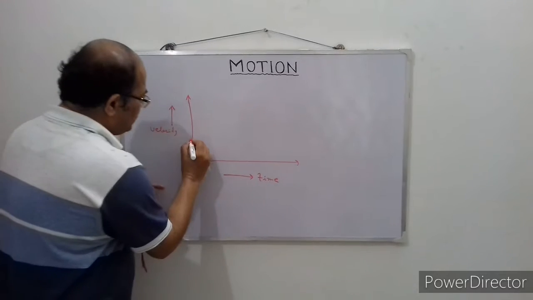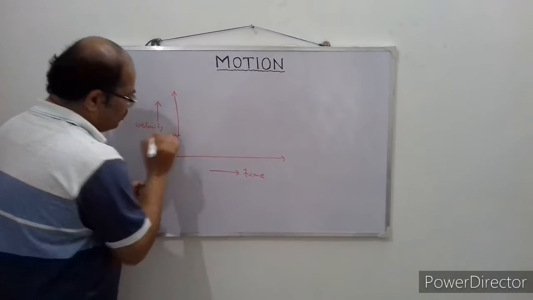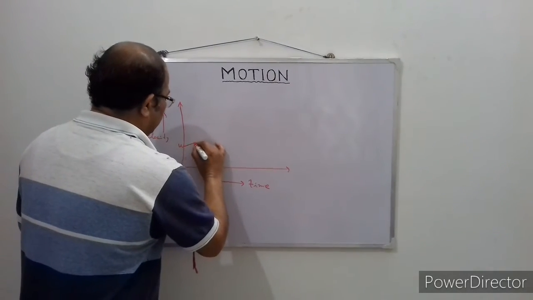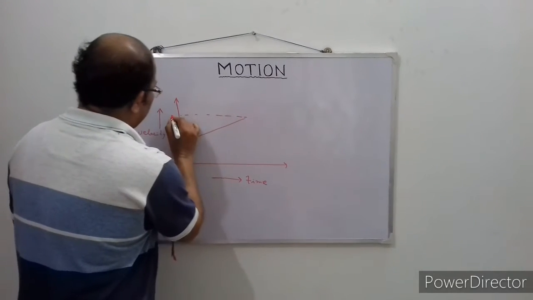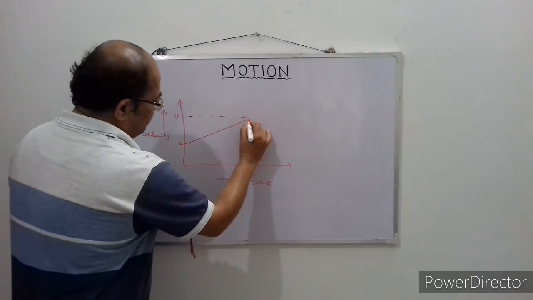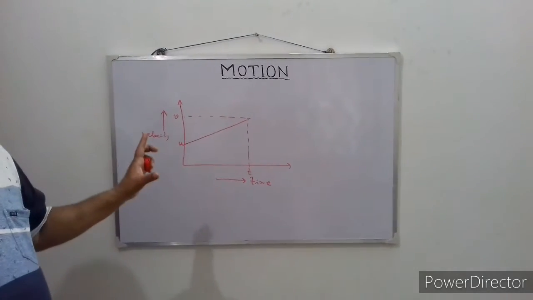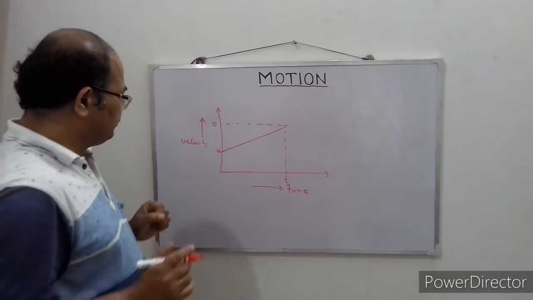As the initial velocity was u, this is the point u. From here it accelerates and acquires a velocity v in time t. So this is t. Thus we can plot the velocity time graph for an object.